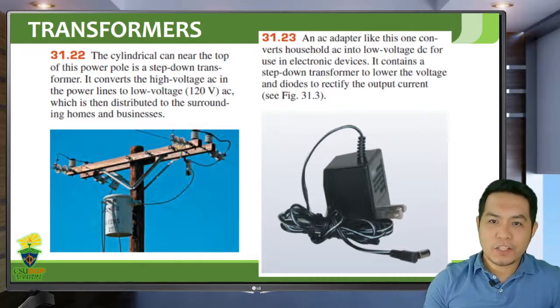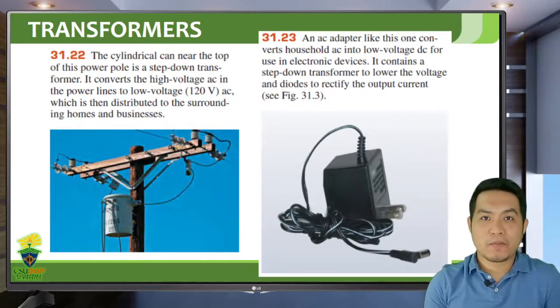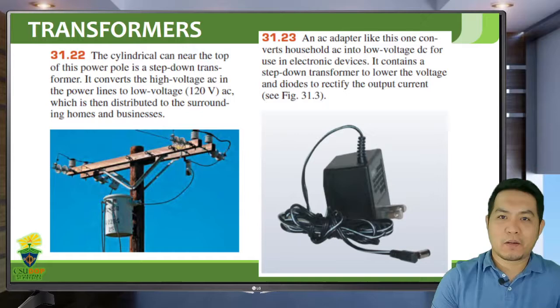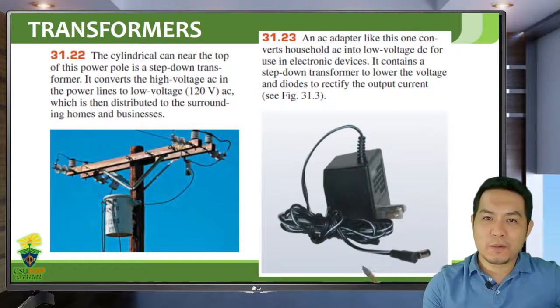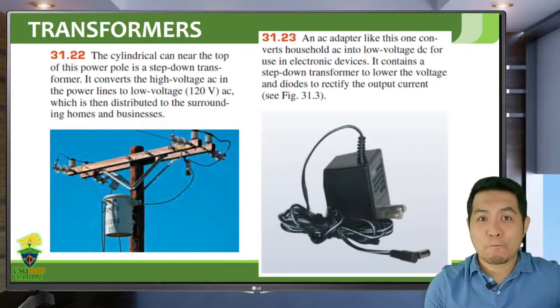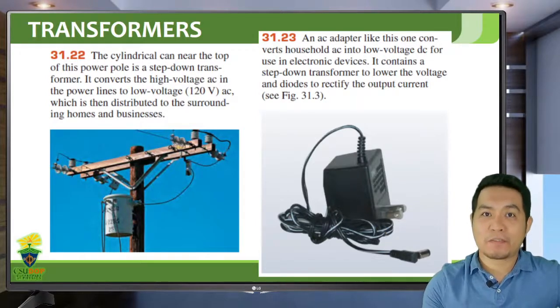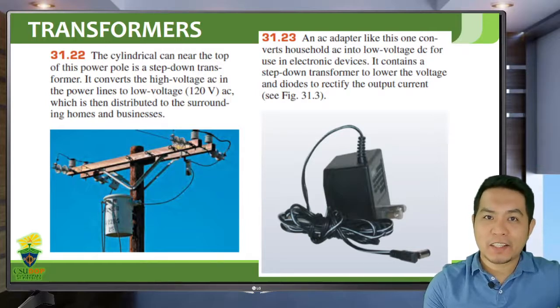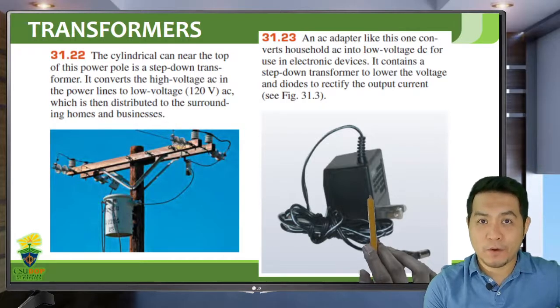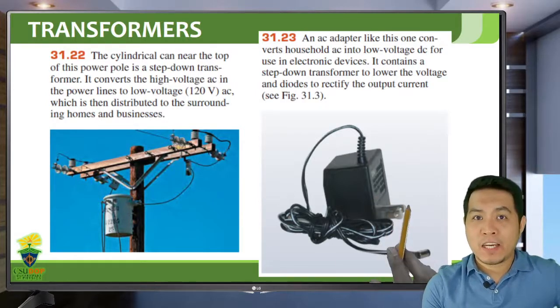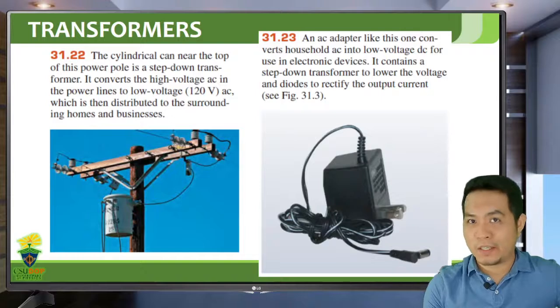In your charger adapter, in your cell phones, in your laptops, or any electronic device, you also have a step-down transformer. But aside from a transformer, it also rectifies the alternating current. When you say rectify, it converts the alternating current to direct current. So in a charger, you have a step-down transformer plus an AC to DC converter.